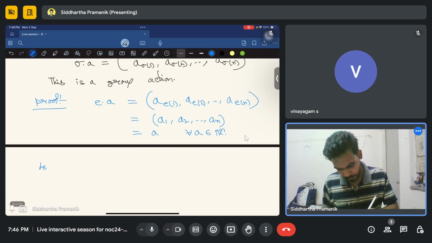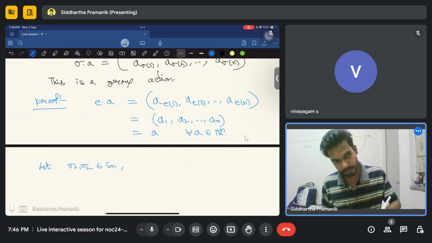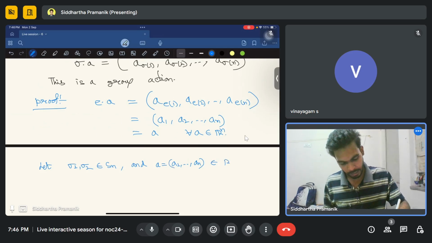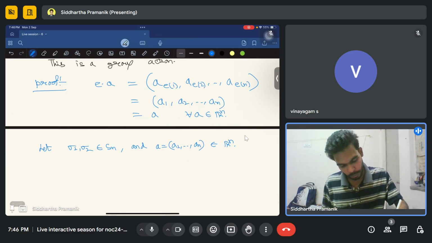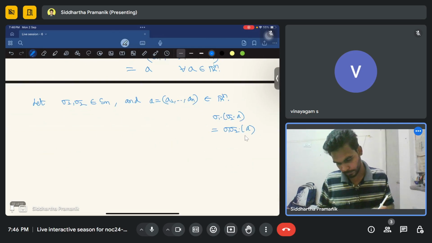Now let sigma 1, sigma 2 belong to S_n and a equal to a1 up to an belongs to R^n. So we need to prove sigma 1 dot (sigma 2 dot a) is the same as (sigma 1 sigma 2) dot a, right? So let's do this.